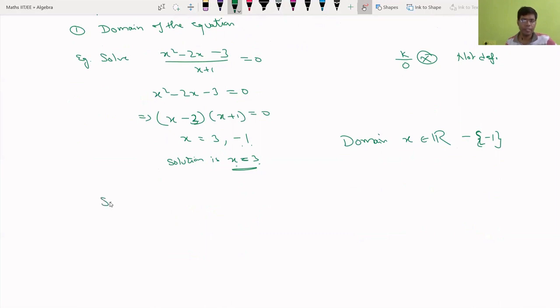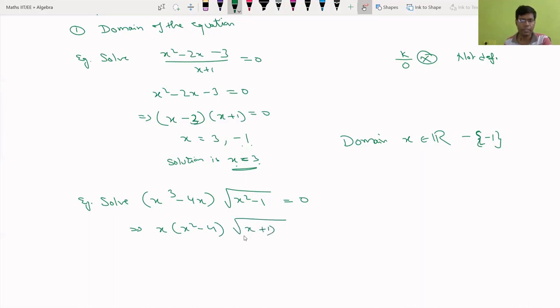And let me take another example. Suppose I have to solve, say, x cube minus 4x under root x square minus 1 is equal to 0. If I need to solve this equation, you can simply write it as x multiplied with x square minus 4 under root x plus 1, x minus 1 is equal to 0.